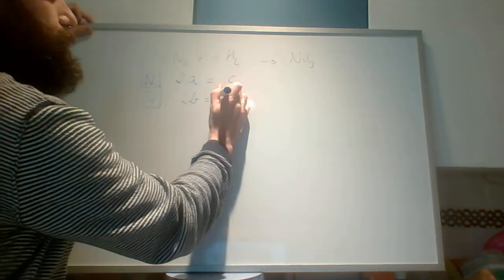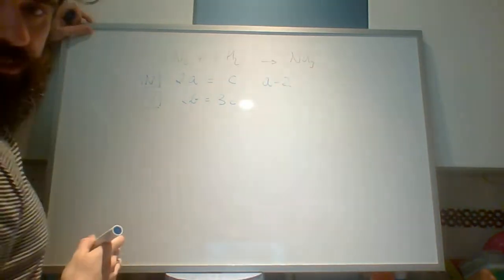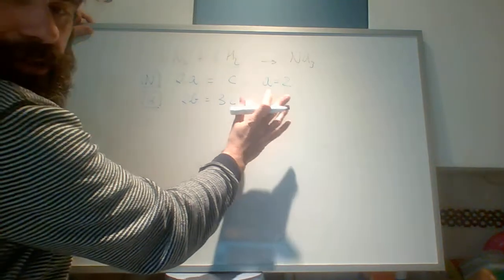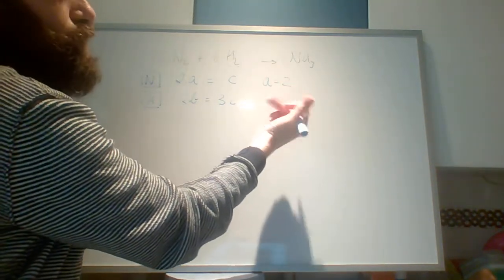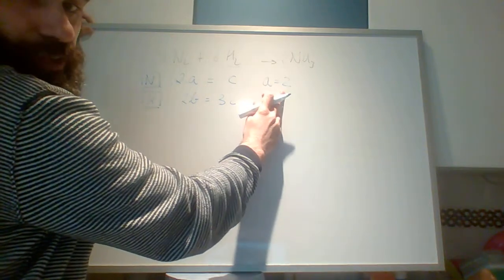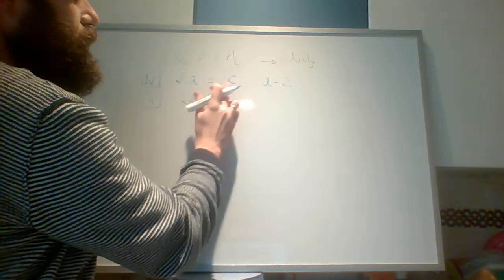So 3C. We take the reference as A equals 2 all the time, okay? Because we have to keep a number whose minimum value is 2, different from 1, and based on this value, you have to obtain the other ones, the B and the C.